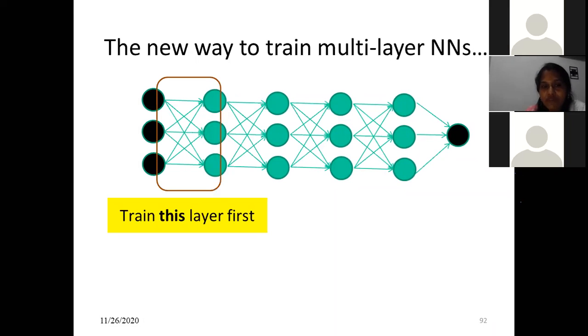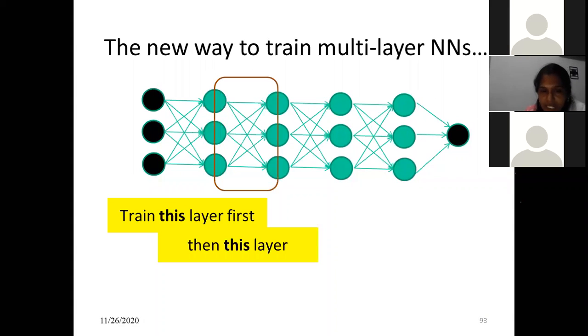How is the training possible? You have to train the first layer first, then target the second layer. As per our discussion, this is the input layer and this is the output layer, and we have four hidden layers, and we are going to target each and every layer.